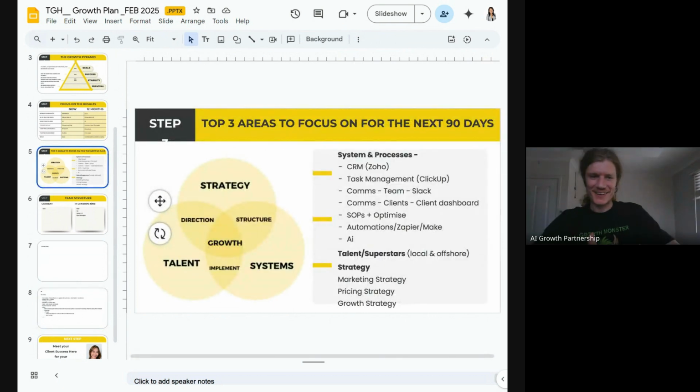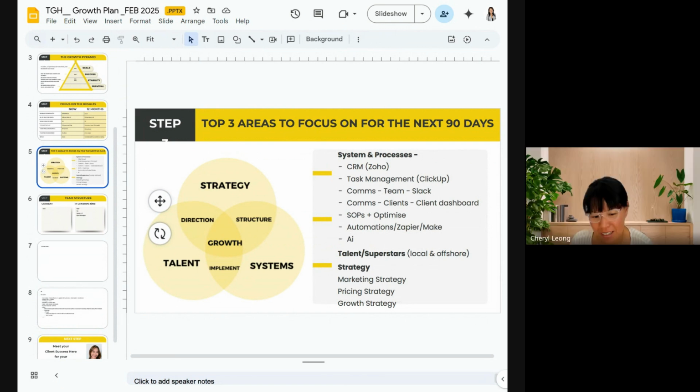I think it was very clear and showed a very holistic observation of a business and how a leader in a business can achieve their goals step by step and not be overwhelmed. Yeah, absolutely. Thank you. That's a good summary. That's what we're looking to achieve. So this is what we'll be going through in your growth plans.